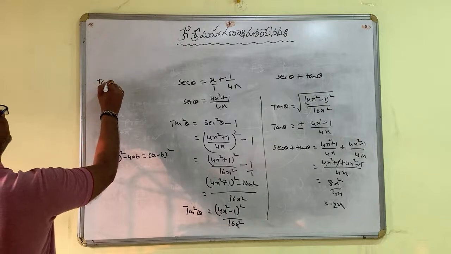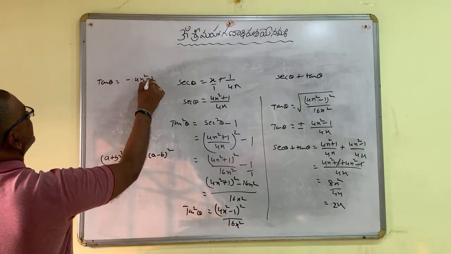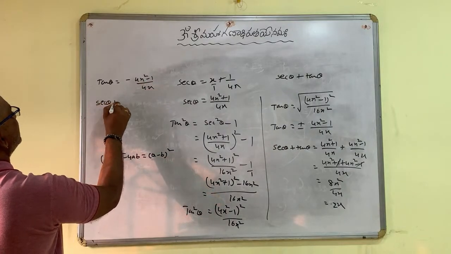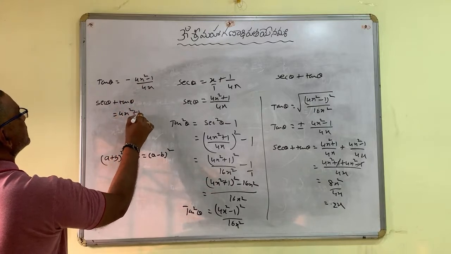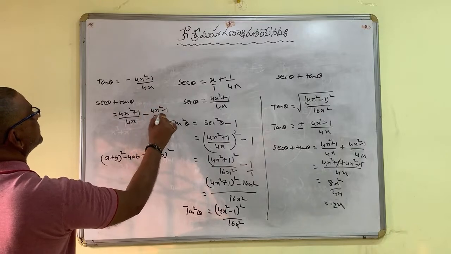If you take tan theta as minus 4x square minus 1 by 4x, then secant theta plus tan theta is 4x square plus 1 by 4x minus 4x square minus 1 by 4x.